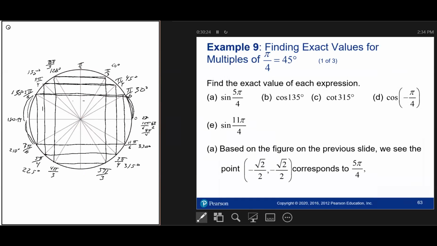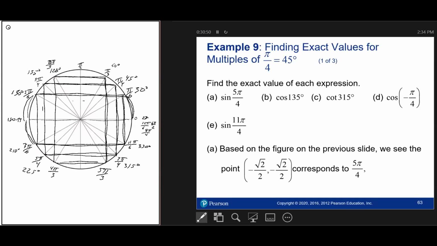And then it has symmetry with respect to the x-axis, so that's this symmetry going this way. Those symmetries deal with the x and y values staying the same except their signs. So you're just dealing with the signs here.